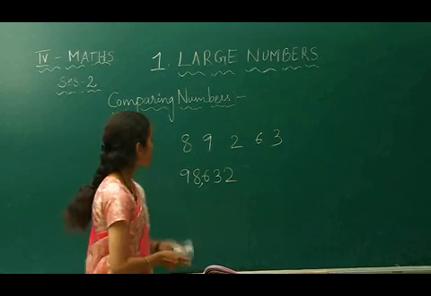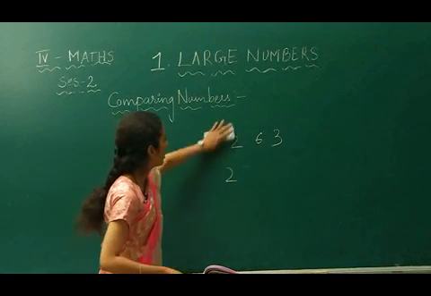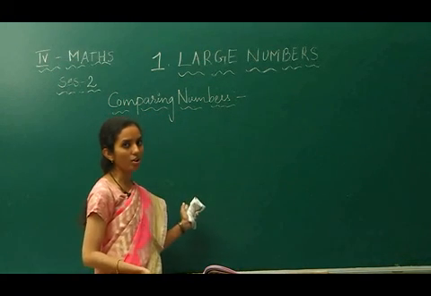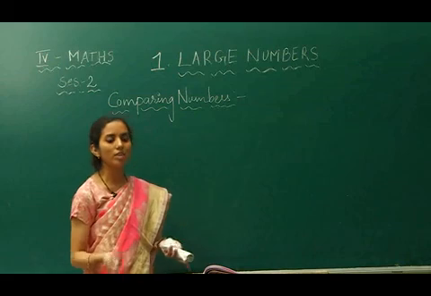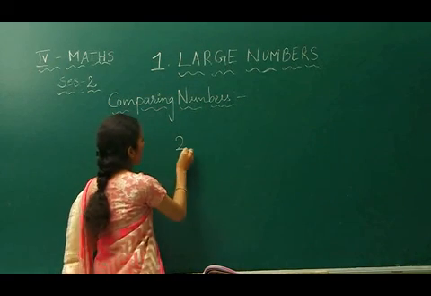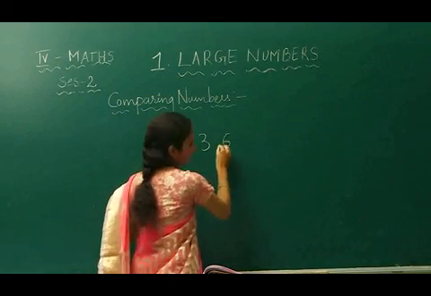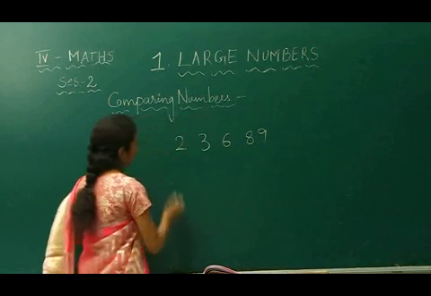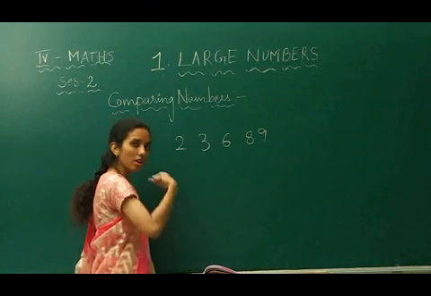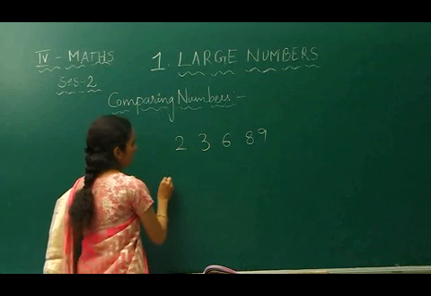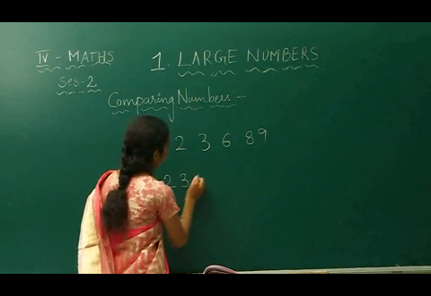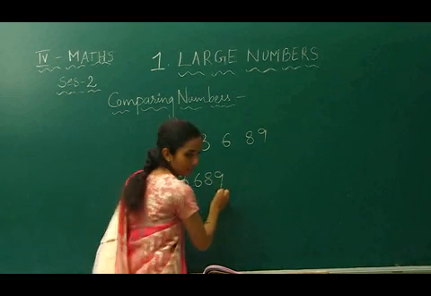So, how do you find the smallest possible number with the given digits? That is also the same process. If we have done descending order here, there we will do ascending order. The given numbers are 2, 3, 6, 8 and 9. Ascending order is lowest to highest: 2, 3, 6, 8, 9.